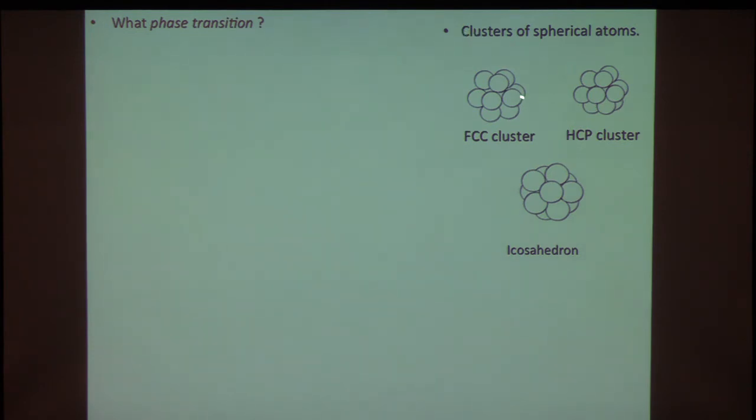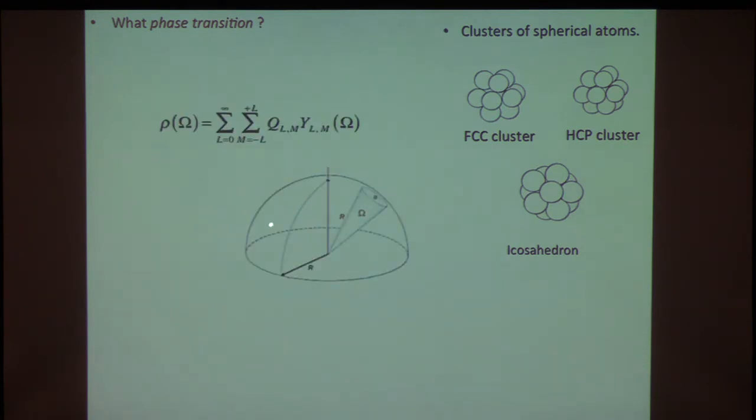Let's say we look at a simpler problem where we take clusters of spherical atoms, FCC, HCP, icosahedral structure. We can take all sorts of clusters, and I'm certainly allowed in each case to expand it in a complete set of spherical harmonics. In each case I can take the center and I can get the density along different directions for this very small object.